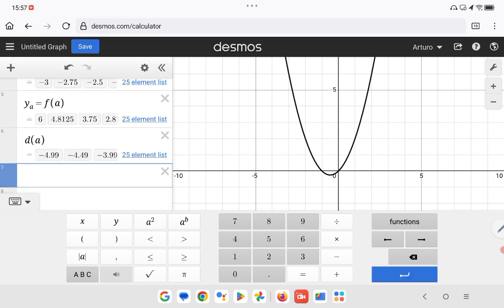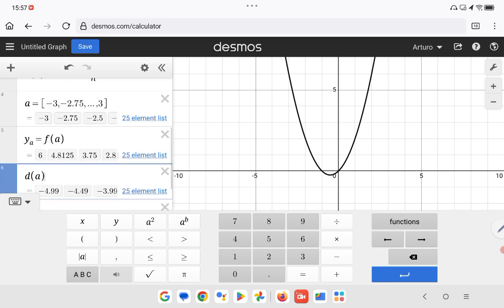Right? And then in order to construct the linear functions, we have already the slope and the intercept, so in this case we need to give it to another variable.